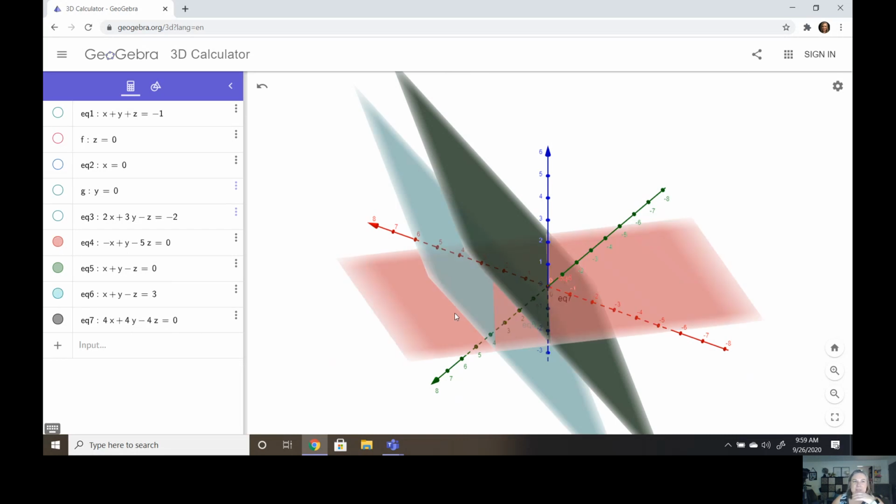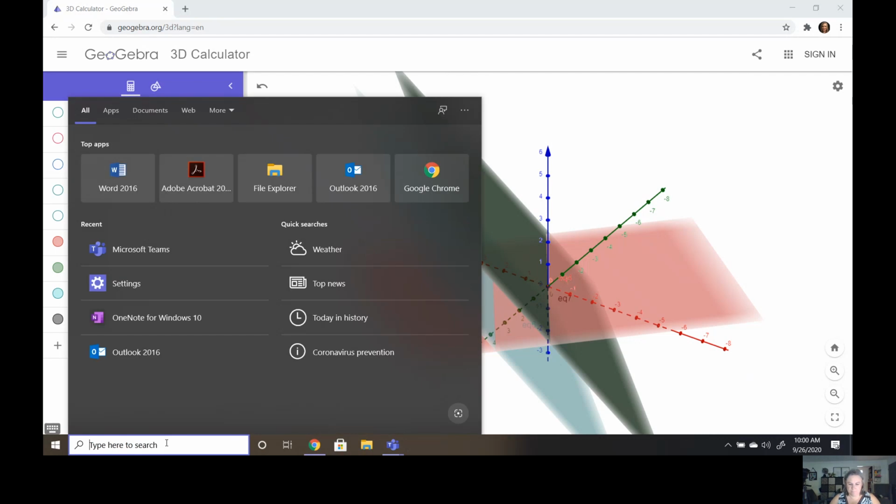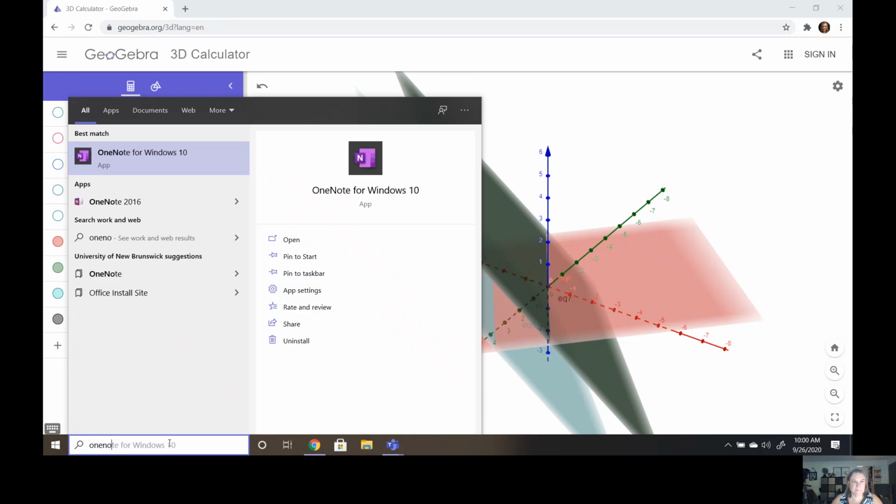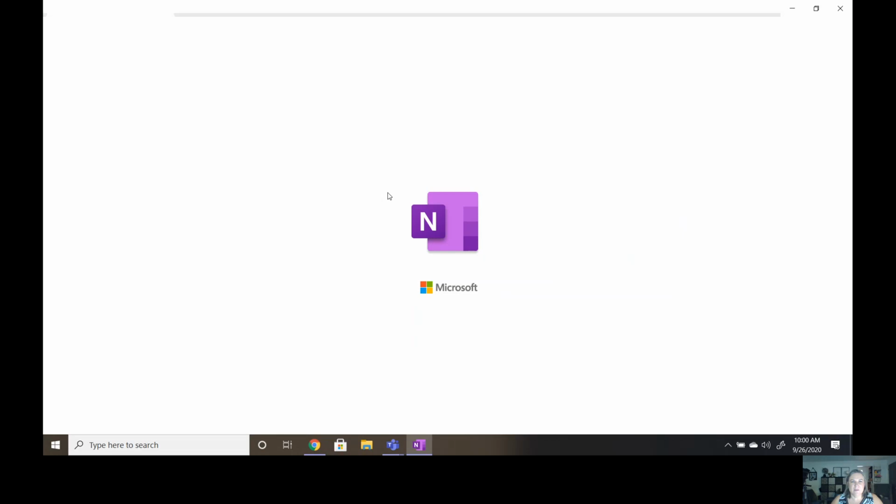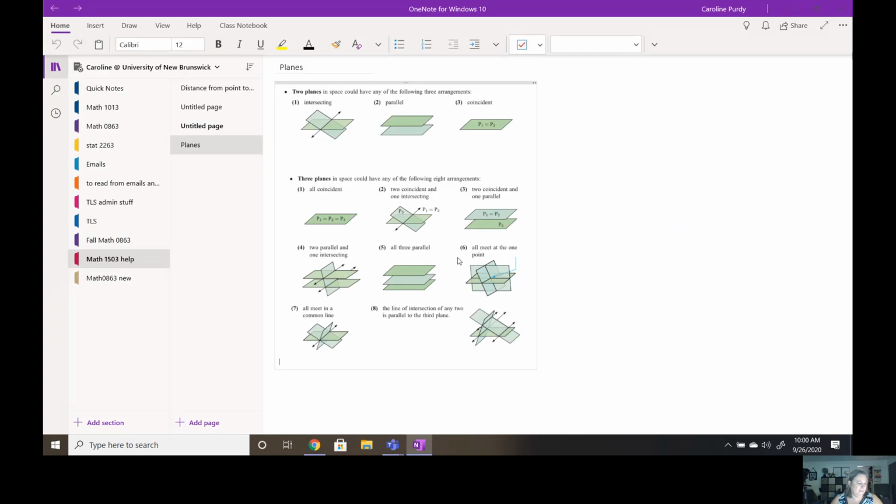Okay, so let's go away from this and take a look at some different graphs that I have in OneNote.